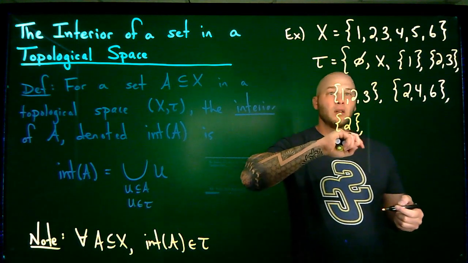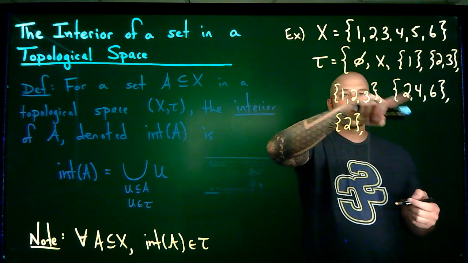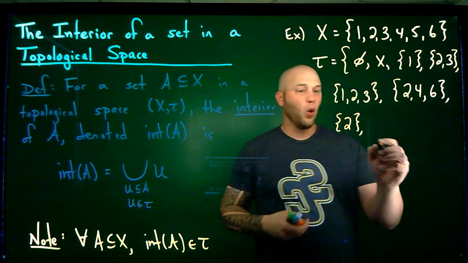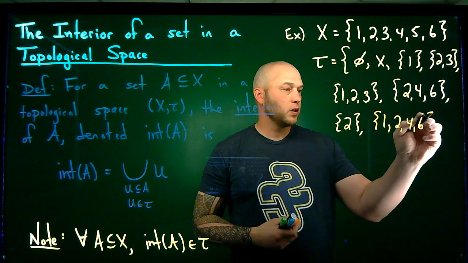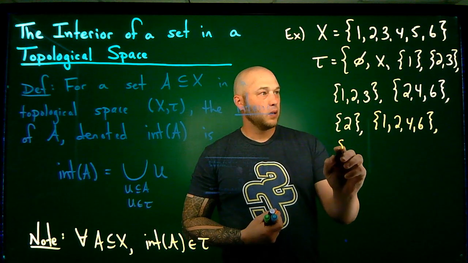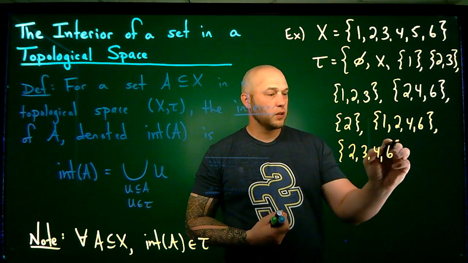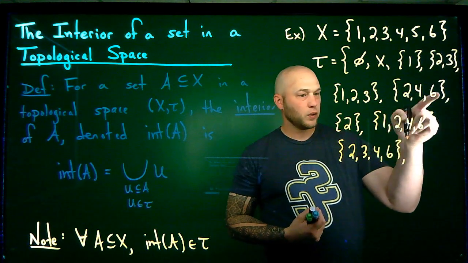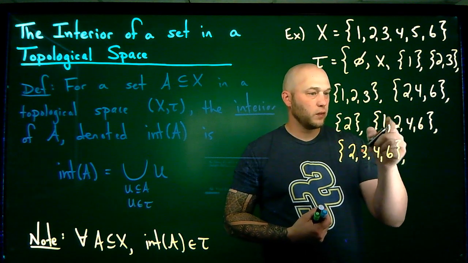And then unions: 2, 4, 6 with the empty set would be 2, 4, 6. 2, 4, 6 with X would be X. 2, 4, 6 with 1 would be 1, 2, 4, 6. 2, 4, 6 with 2, 3 would be 2, 3, 4, 6. And then 2, 4, 6 with 2 would be 2, 4, 6. 2, 4, 6 with 1, 2, 4, 6 would be 1, 2, 4, 6.